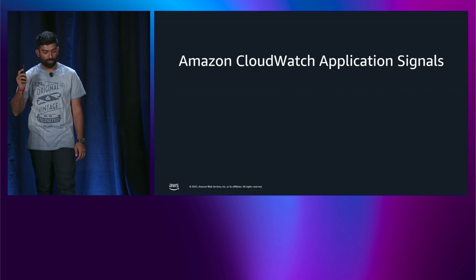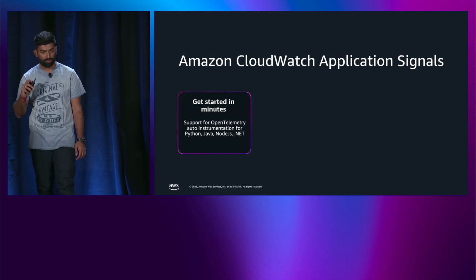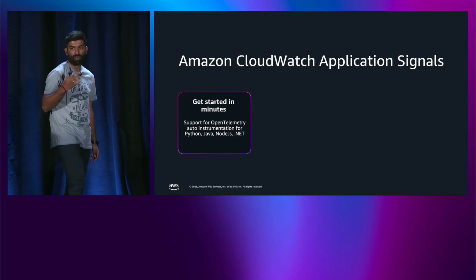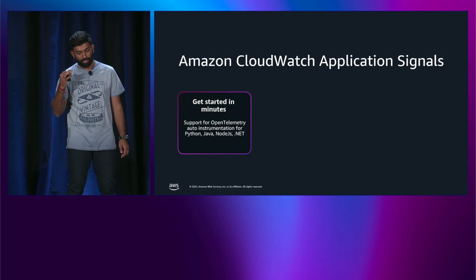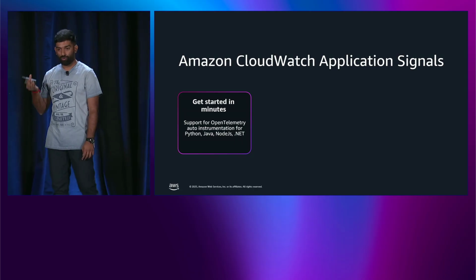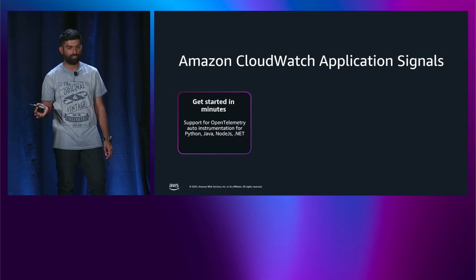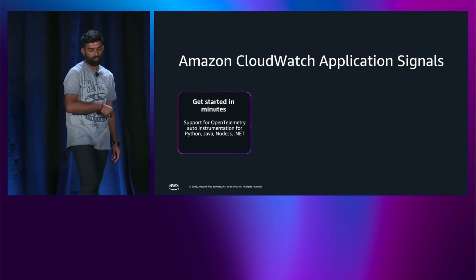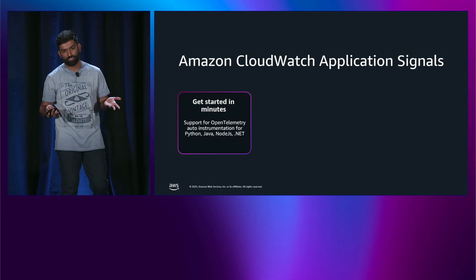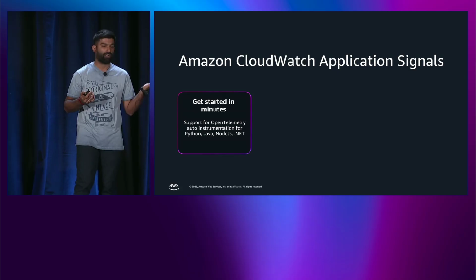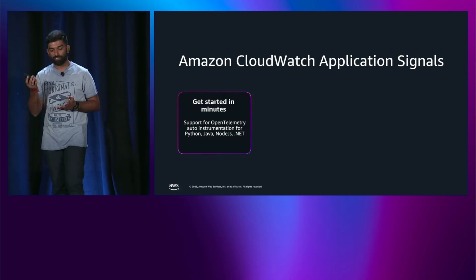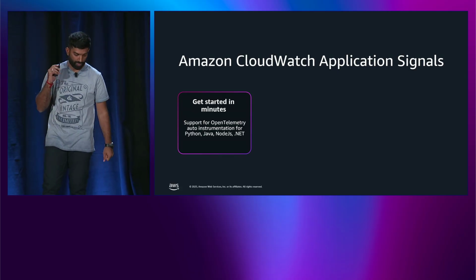So let us see what you get out of the box for Application Signals. The very first thing is, once you enable Application Signals, it uses the OpenTelemetry auto-instrumentation method to extract all the metrics and traces from your services, right? So you don't have to make any application code changes, and you can literally get started within minutes to get those critical metrics and traces out of your system.